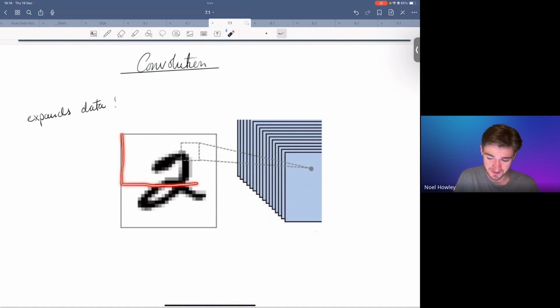If we were to look at only the top half of this image, we'd have this big curly 2 going on here, but we don't know it's a 2 yet. This big curly thing doesn't tell us what it is, but it definitely leads us to believe that it's certainly not something else. We might be inclined to think, oh, it could be a 2. It also could be a 3, right? It could be many things, but it really is not a 5, right? It's very unlikely that this would be associated with a 5.